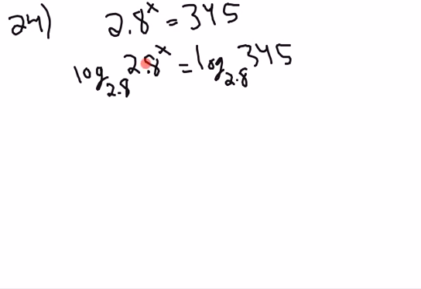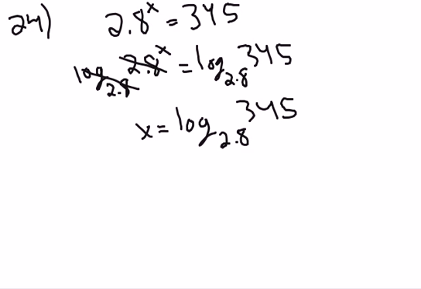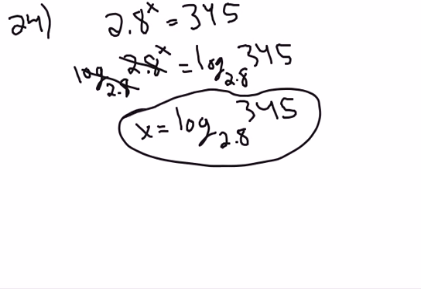Again, log base 2.8 of 2.8 is 1, so the x comes down. In other words, they're inverse relationships. So this gives you x equals log base 2.8 of 345. And again, that's a more exact answer, or you can use your calculator, since this one does not have a no-calculator symbol next to it, and you can round it to 3 decimal places.